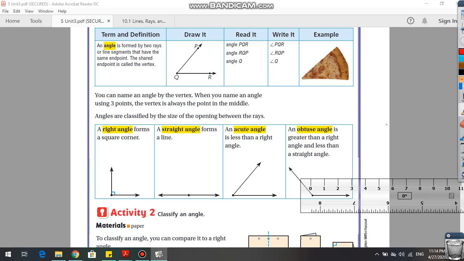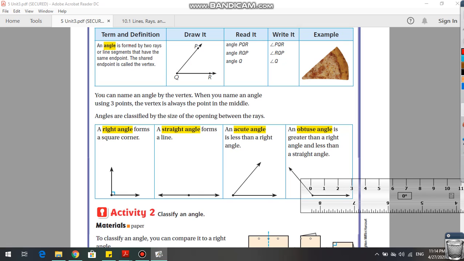Now let's move on to the next page. We talked about the lines. We have a line segment, we have a line, and we have rays. Okay, guys, and now we're going to talk about angles. What is the meaning of angle? If I have two rays, the intersection of two rays makes an angle.